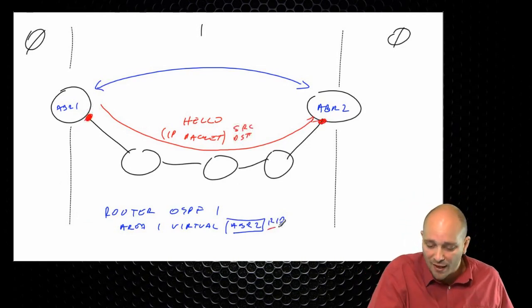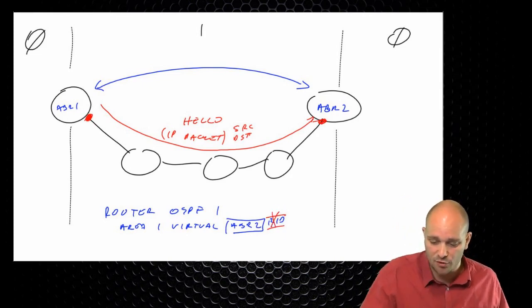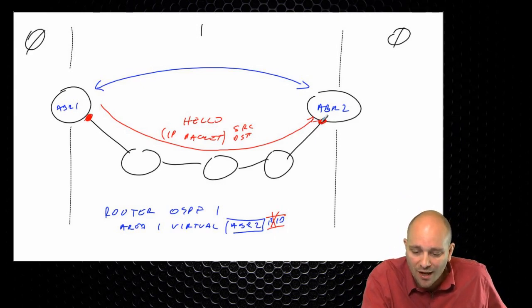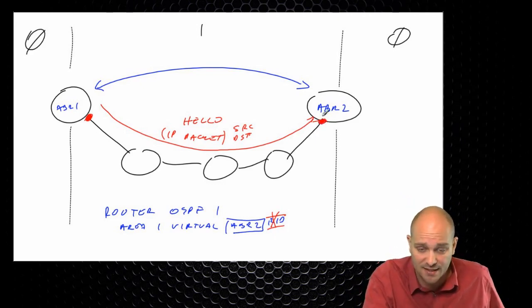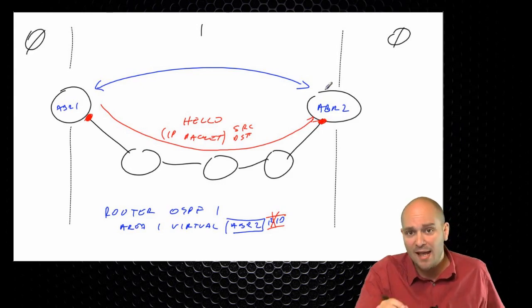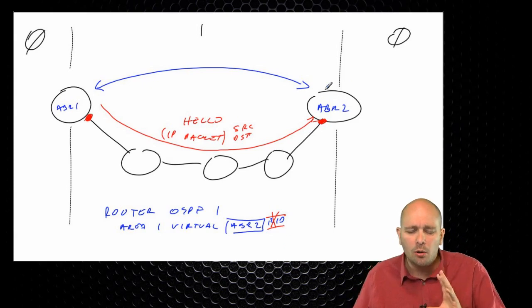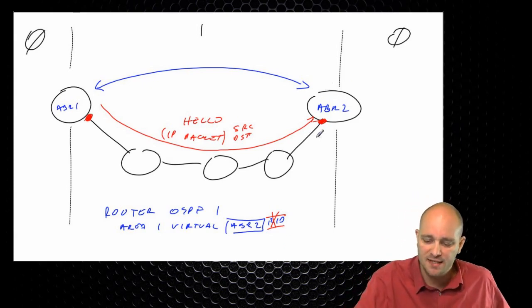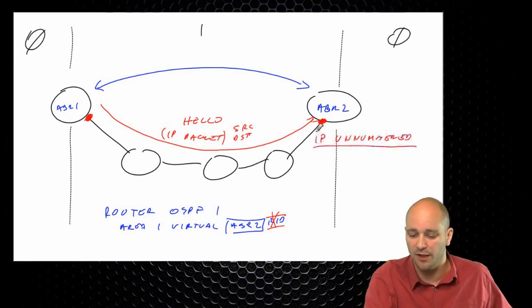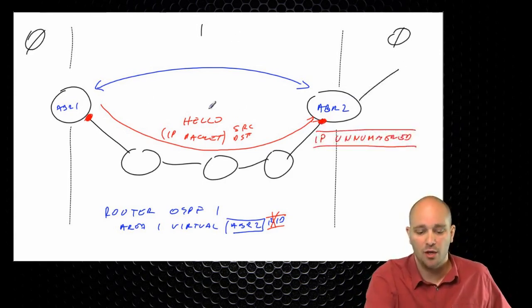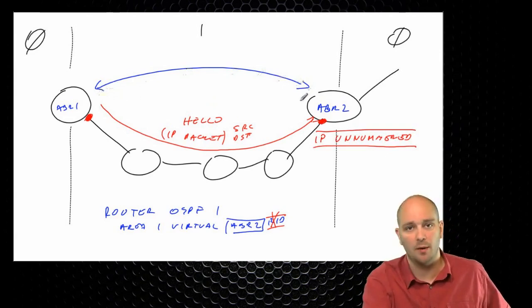So the router ID itself is not an IP address, it's not routable, but we need to find at least one routable IP address inside this area on this router in order to be able to reach it, which can open a whole new set of problems if this here was, for example, an IP unnumbered link. Now, if this was an IP unnumbered link that borrowed the IP address from another area, your virtual link here will never come up.